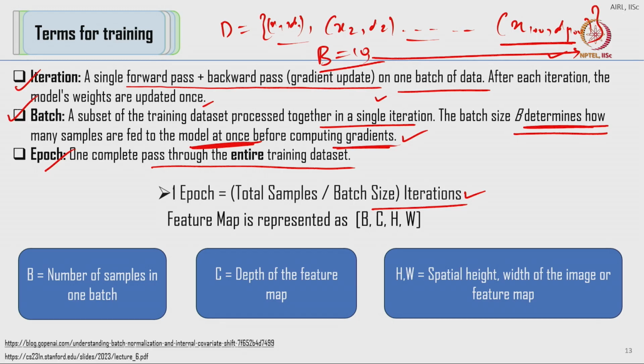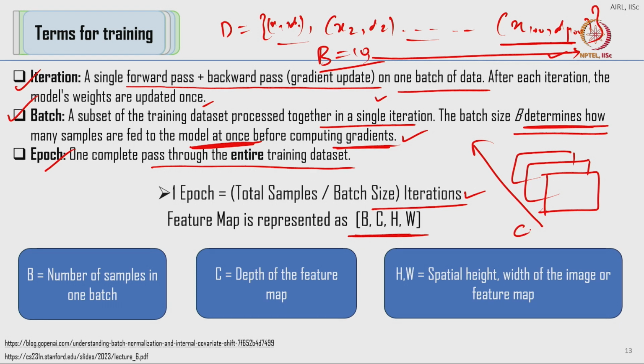Now any feature map that we have, we can represent in this particular format, which is B, C, H, W. B is the batch size, C is the channel, H is the height, W is the width. C is the number of channels, and H and W give the resolution of this feature map.